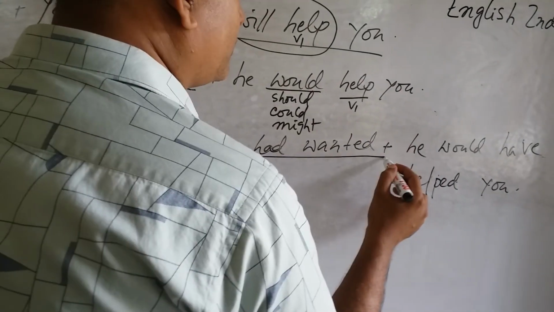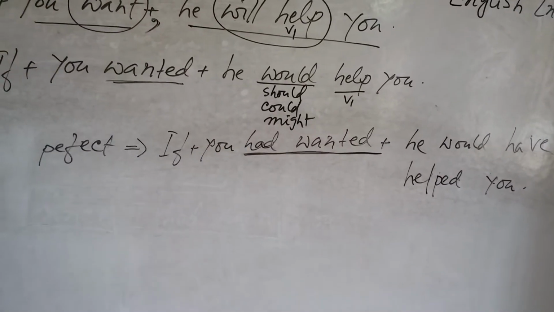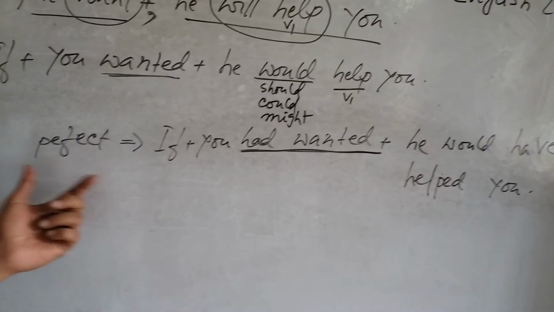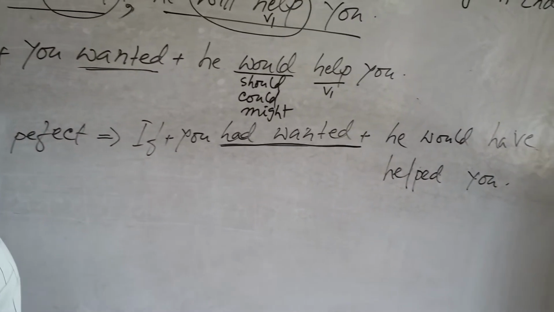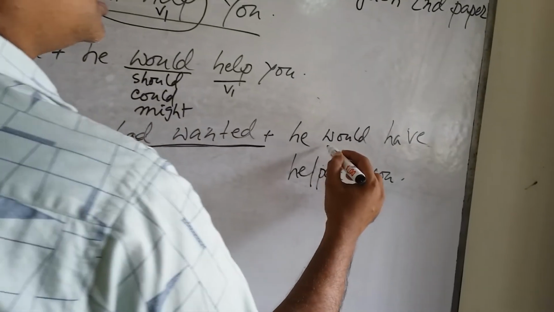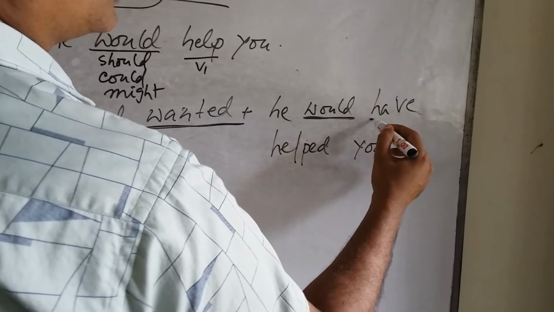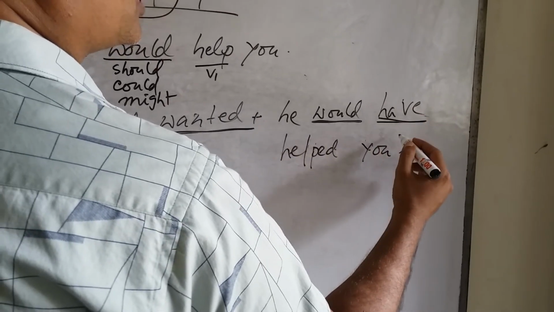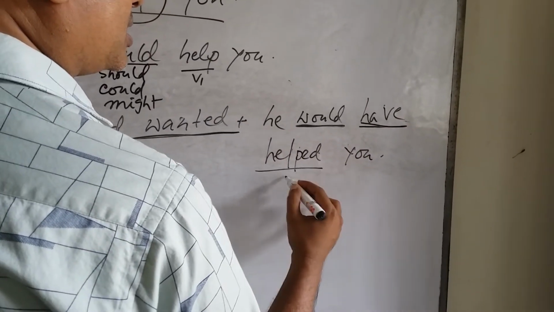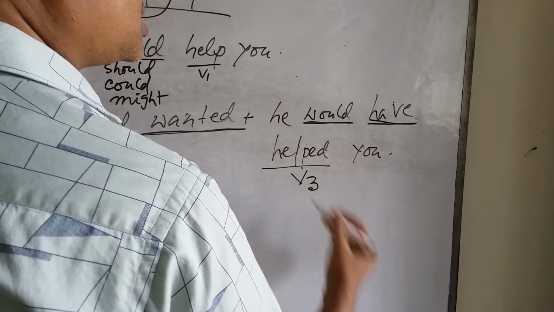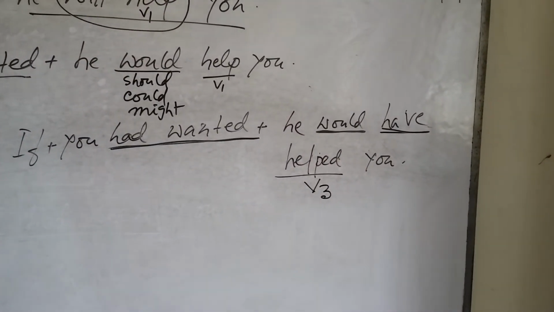Had wanted here refers that it is a past perfect tense. That's why we will use the conditional perfect. It is would, could, should, might, and there will be a have, and the past participle or V3 form of the verb.